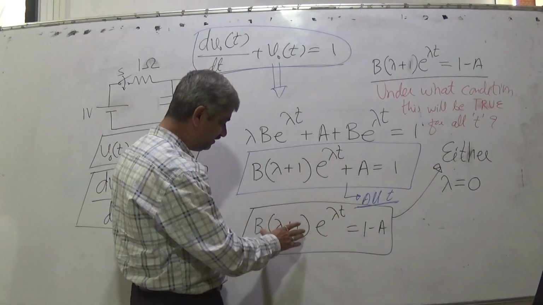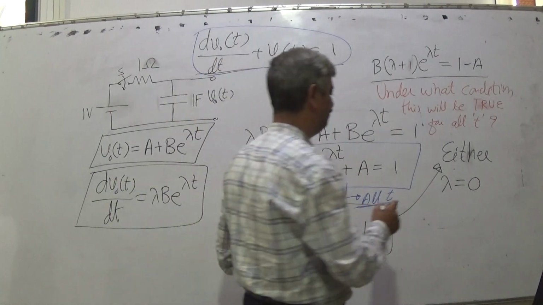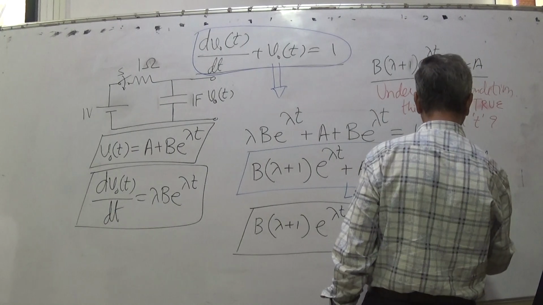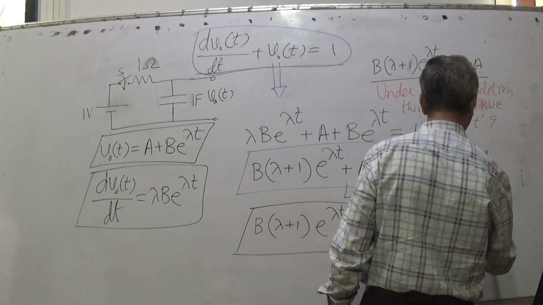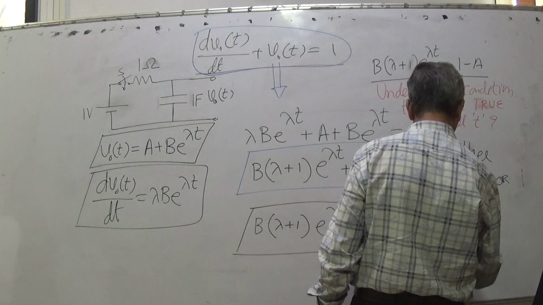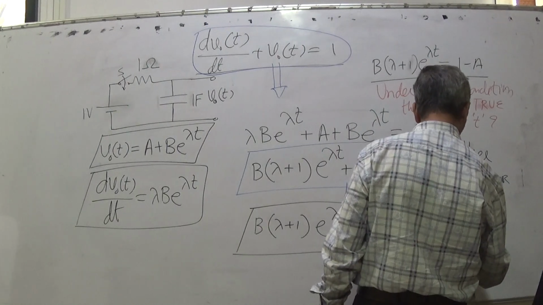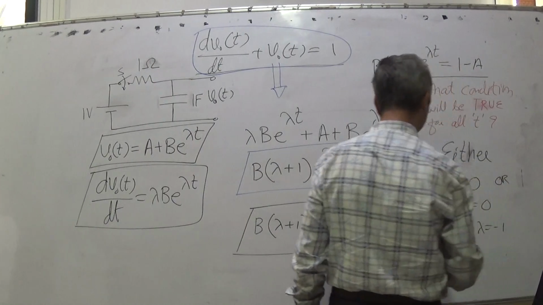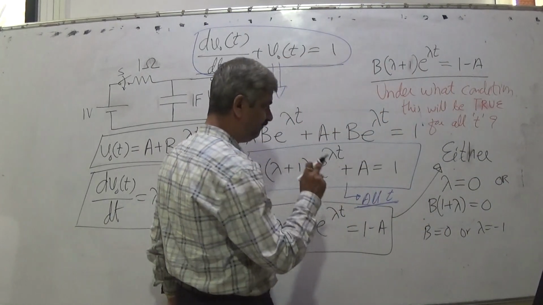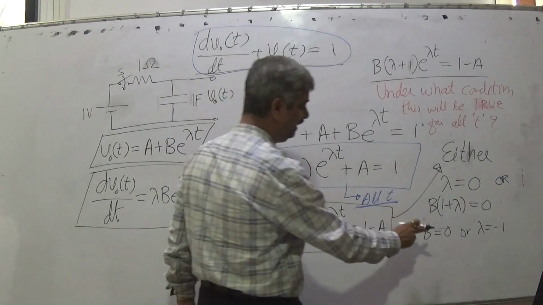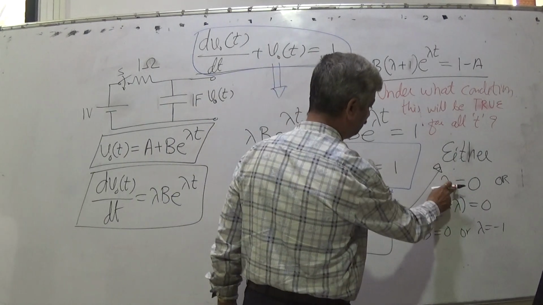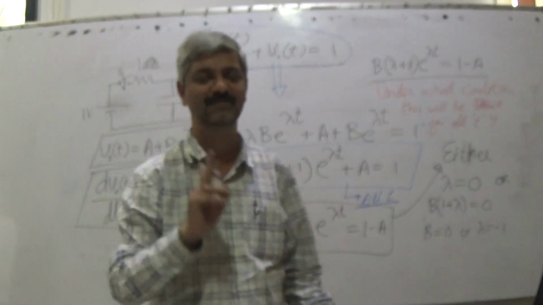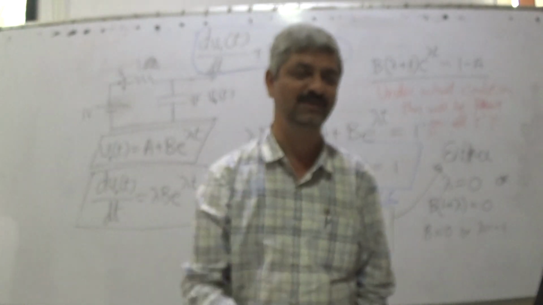Or this bracket is 0, that is b into 1 plus lambda is 0. Means either b equal to 0 or lambda equal to minus 1. So the three conditions are b equal to 0, lambda equal to 0, or lambda equal to minus 1.